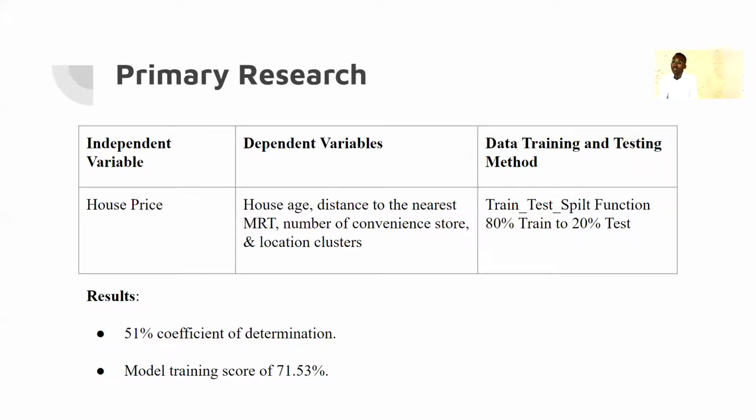The result was a 51% coefficient of determination, which is not that strong. So it means that the prediction model is not as strong, but it's still optimal. And the model training score is 71.53, which is not excellent, but it's good.